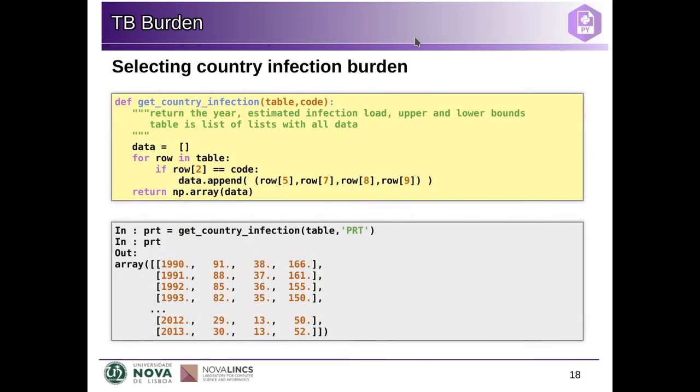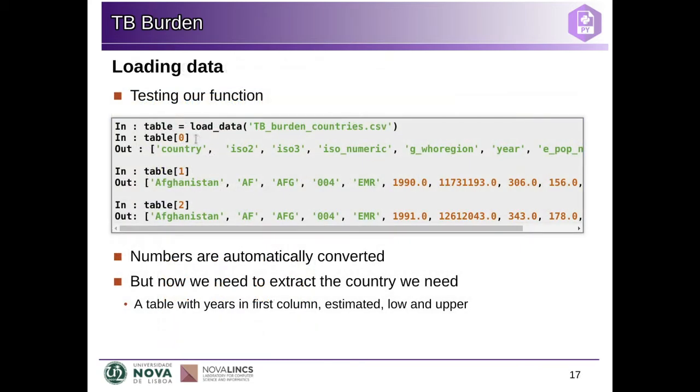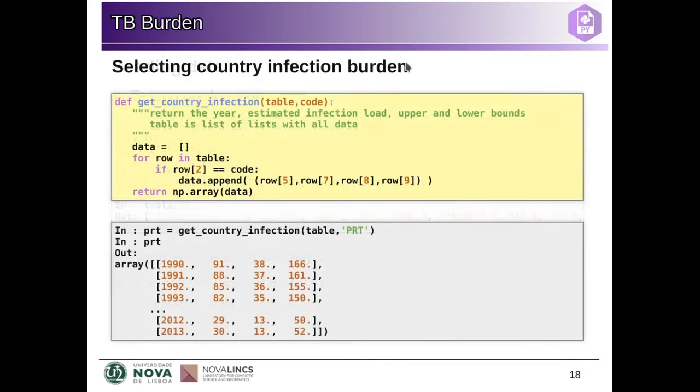So now, what we need to make it easy to plot our data is this auxiliary function that receives as arguments the table with the whole data set, so this list of all the rows, and the ISO 3 code for a particular country. For example, if we want Portugal, we can specify PRT. And this function will start with an empty list.